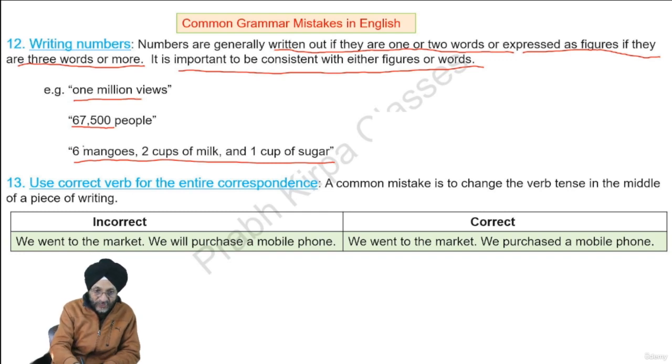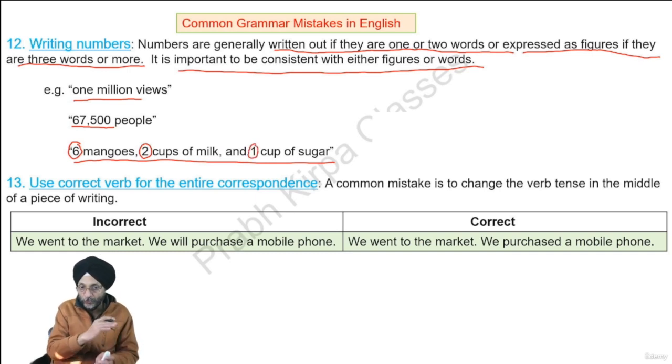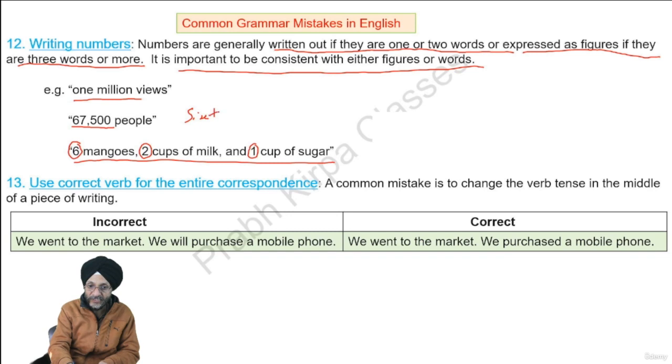Here you will see that all these figures have been written in figures, all these in words. So we should be consistent either with the figures or with the words. Here you will see 67,500. Either you can write the same as 67,000 properly in figures, or you should write the same in words.